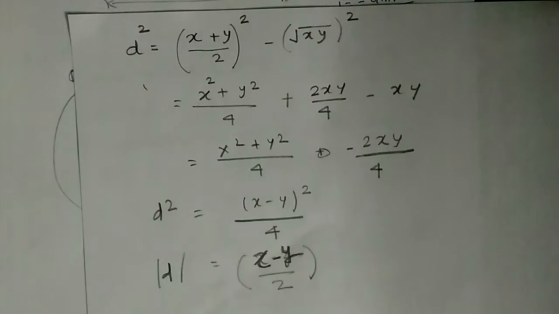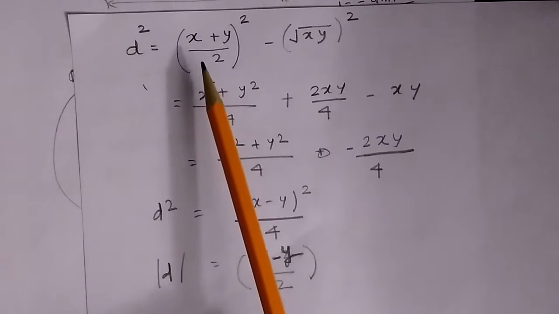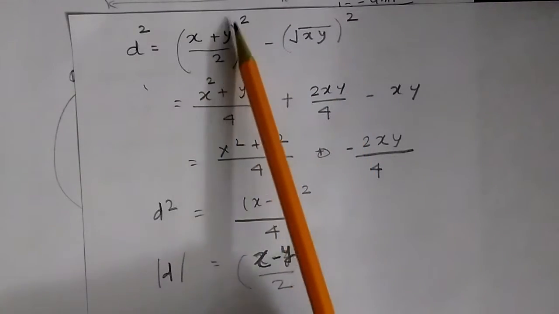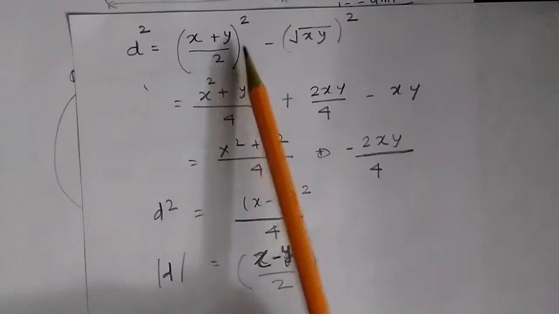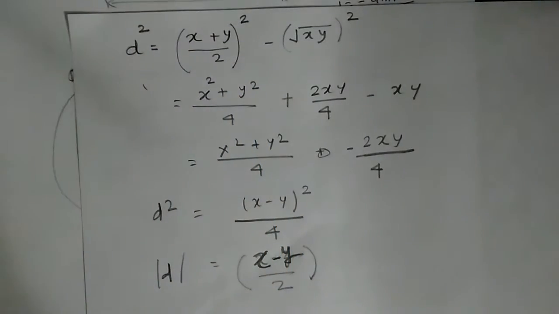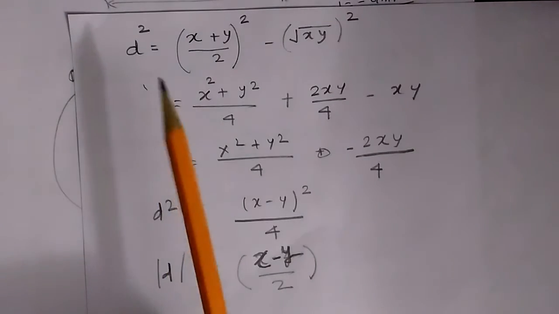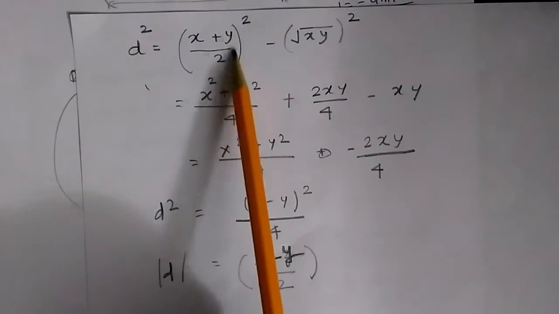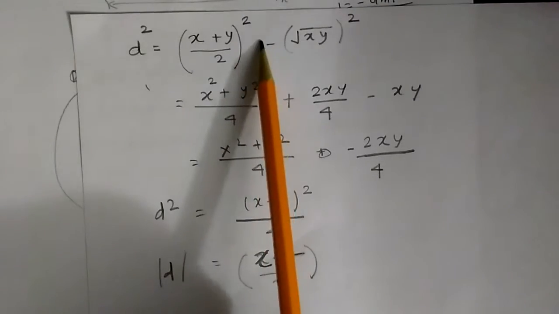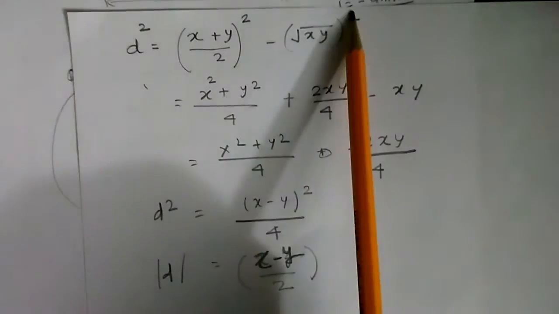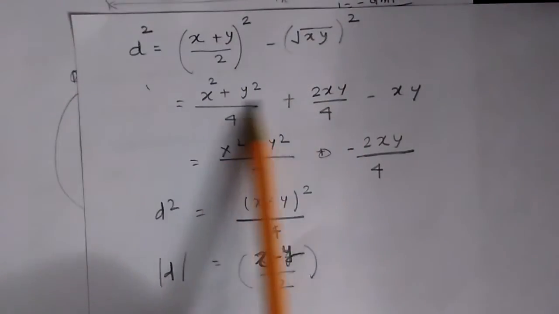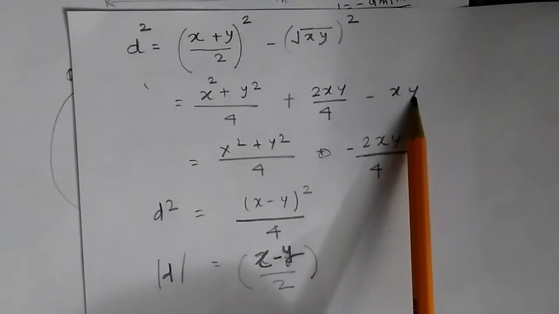Here, I have shown how it works. Let's say the arithmetic mean is this, and the geometric mean is this one. We have squared this to make it easy to understand and to do away with negative values. So this is x plus y divided by 2 whole square minus the square of the geometric mean. This is x square plus y square plus 2xy, and then the whole thing is divided by 4, minus xy.